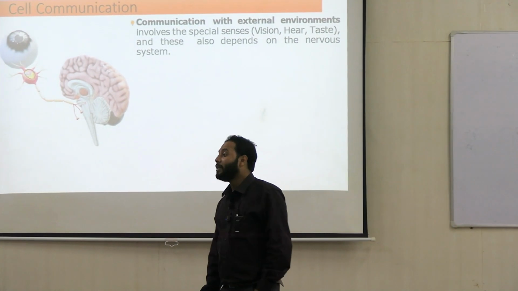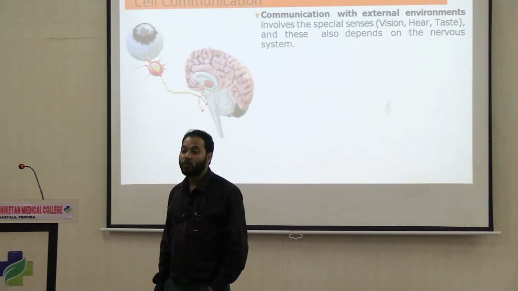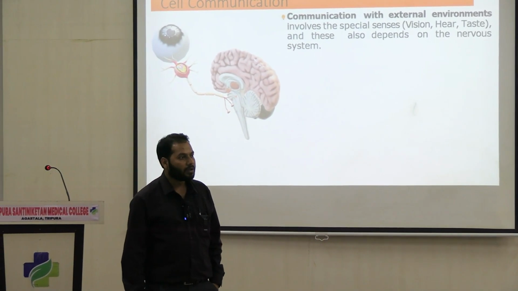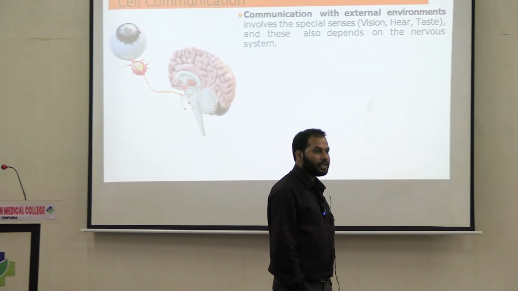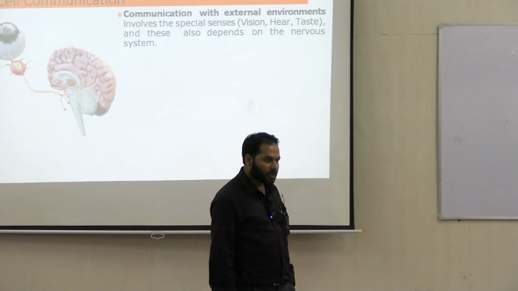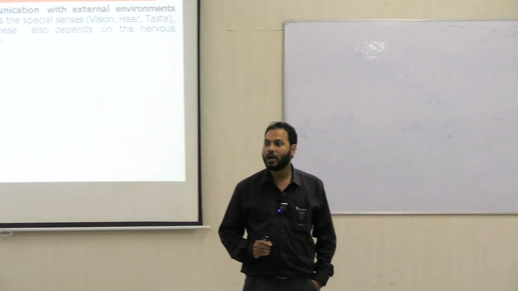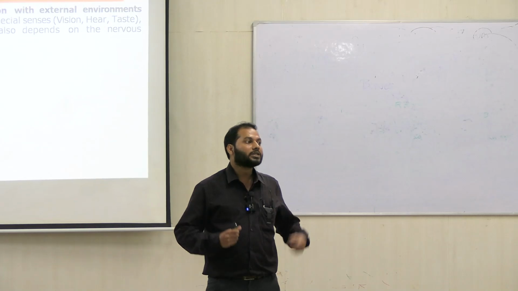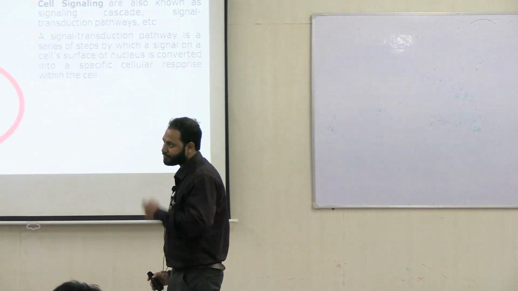And to give a proper response, that particular special sense organ is regulated by our nervous system, right? It means like internal communications, external communications also involve certain types of systems. They work together in a coordinated fashion to maintain the balance, right?